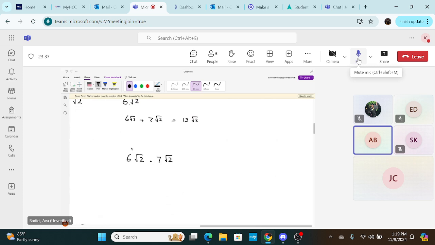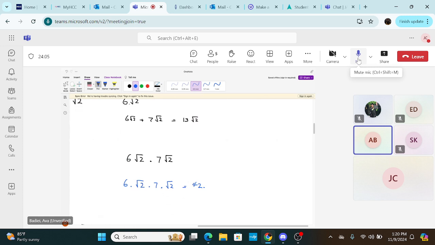You can start by writing this just as radicals and do the multiplication, or another way that also works: you can say this is 6 times square root of 2 times 7 times square root of 2. Basically, you all have multiplications here. So you can multiply 6 and 7. It's going to be 42.